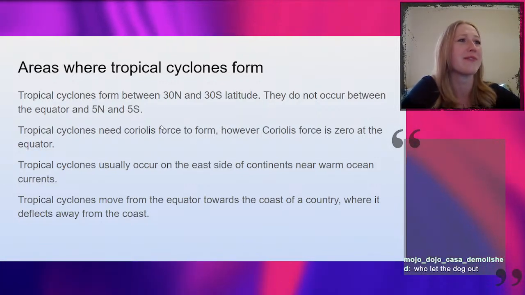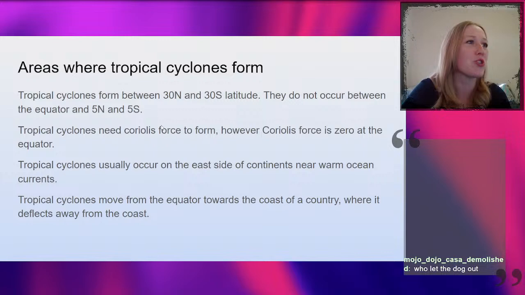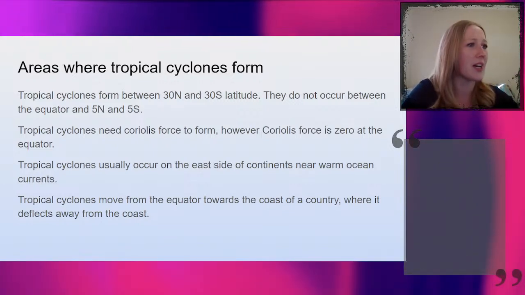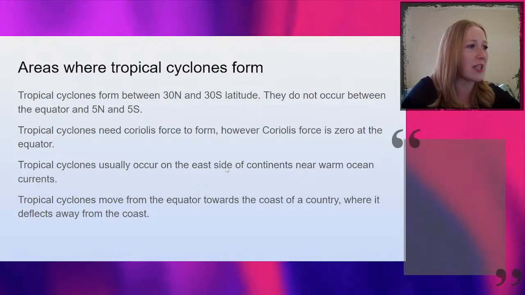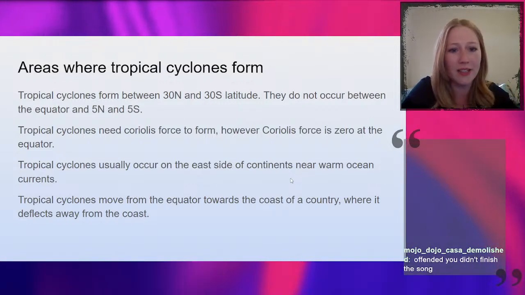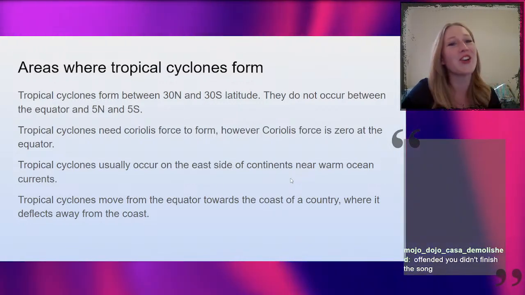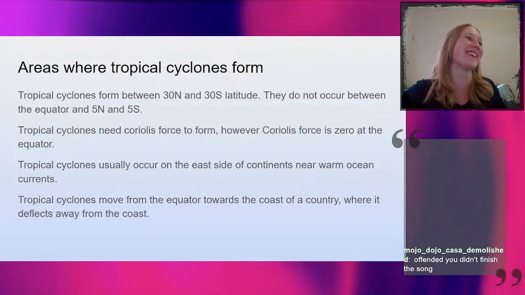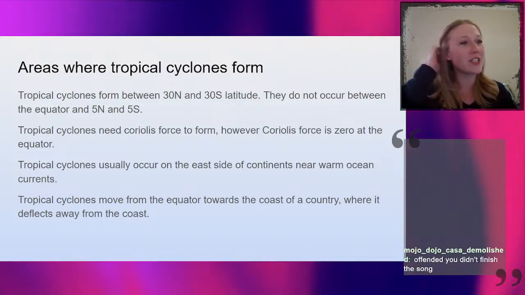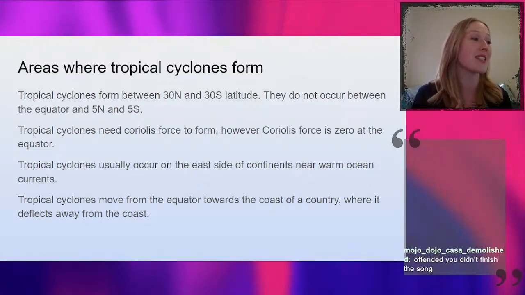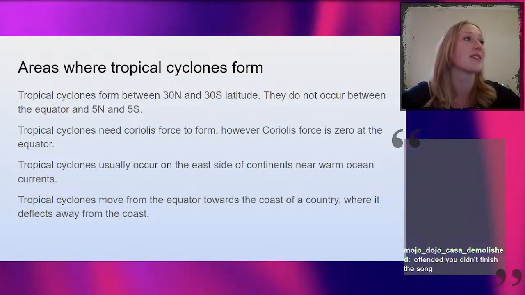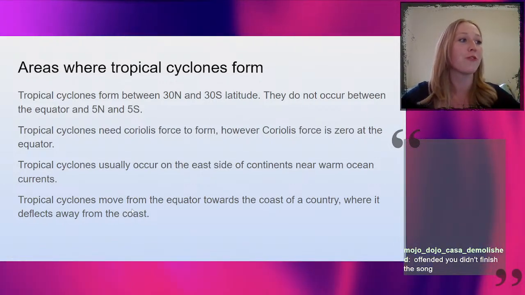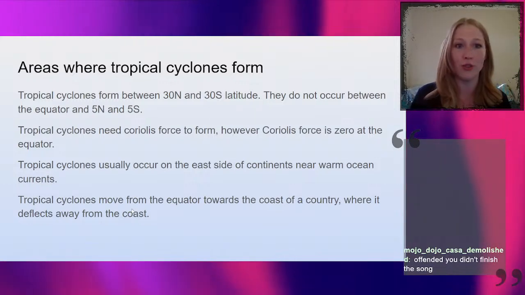It's very sweet. Okay, areas where tropical cyclones form. We covered that. We usually see tropical cyclones towards the eastern side. So that is where you have the warm ocean currents, and it would move from the equator to the coastline.